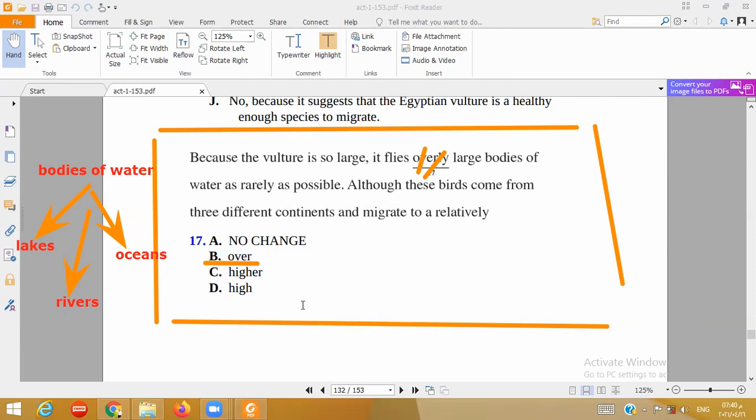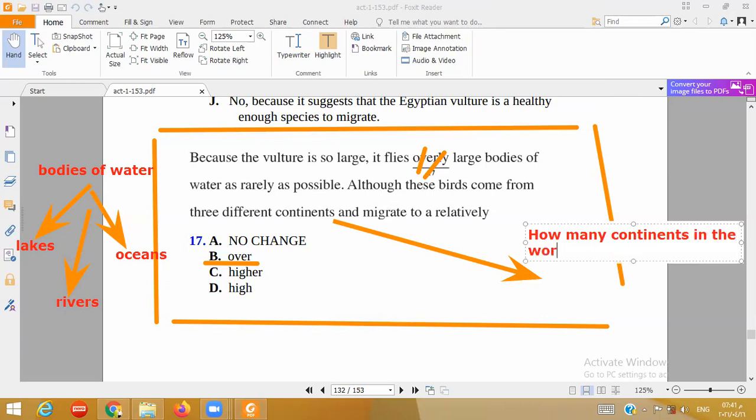And although these birds come from three different continents, what does continents mean? There are seven continents: Africa, Asia, North America, South America, Australia, Europe, Antarctica.